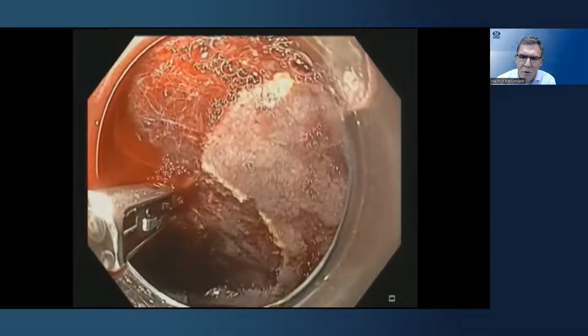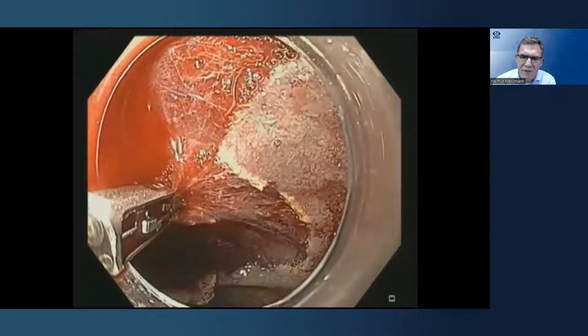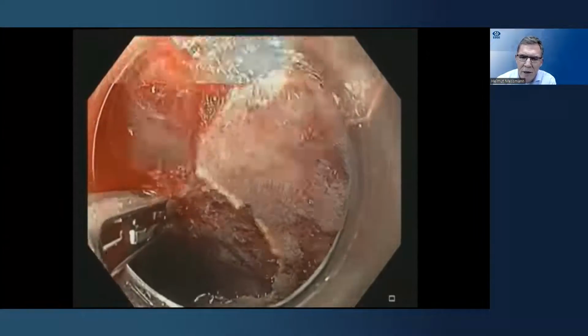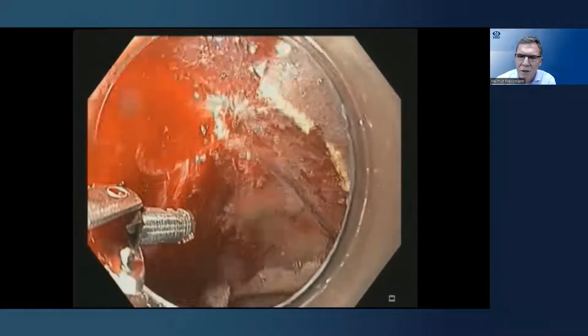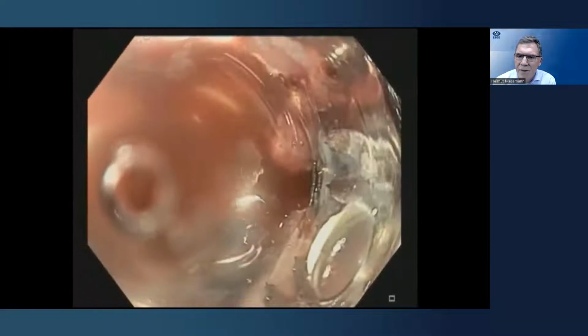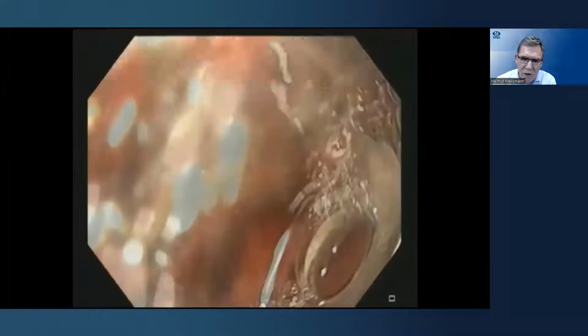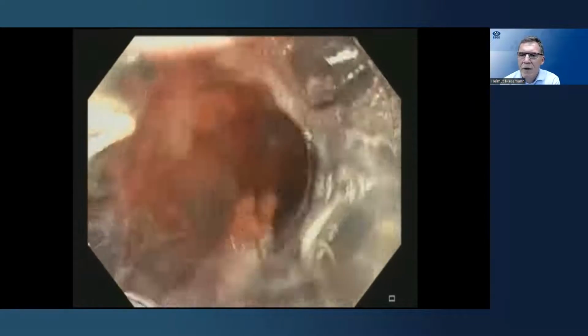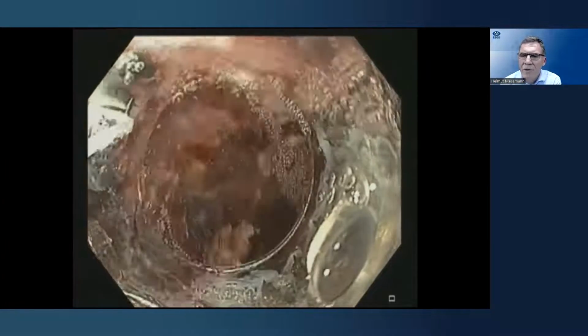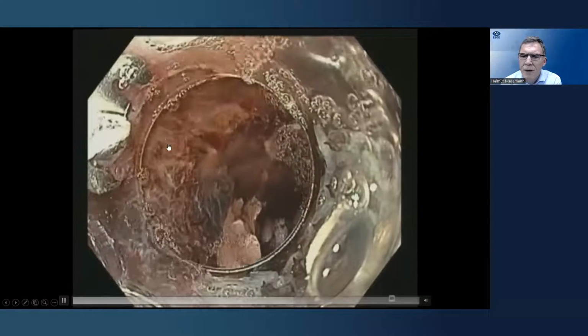cap. I used a coagulation grasper and stopped this bleeding first, knowing that there might be a very tiny perforation. Yeah. And then I decided for an Ovesco clip, because with an over-the-scope clip it was not possible. And maybe you can see this very small perforation.